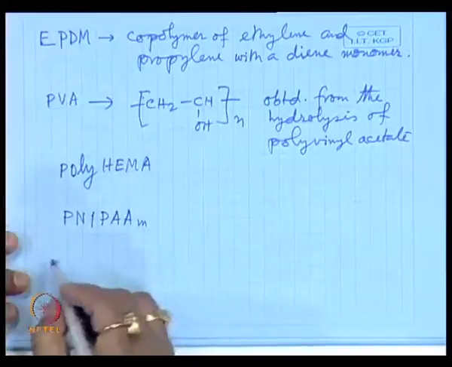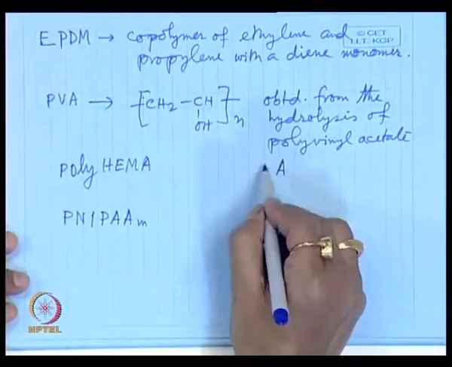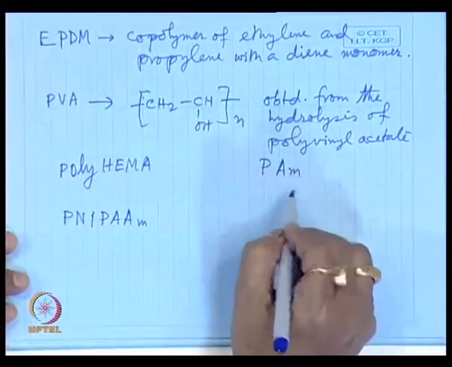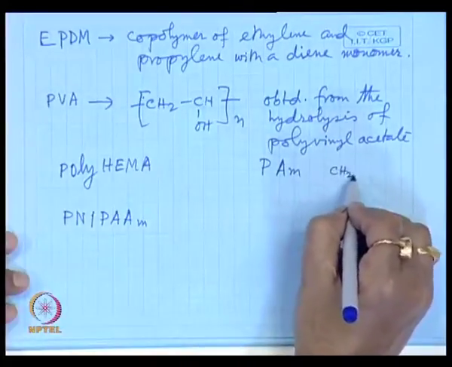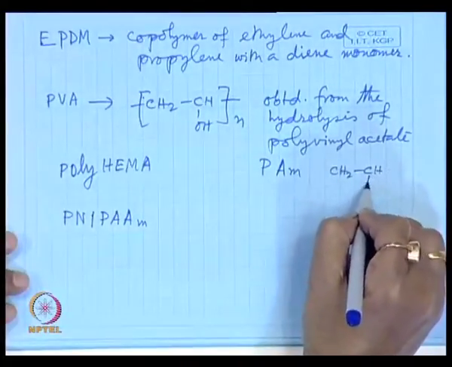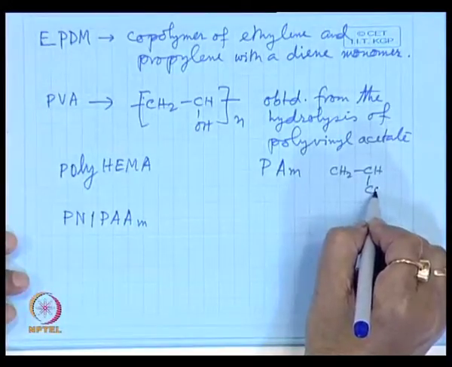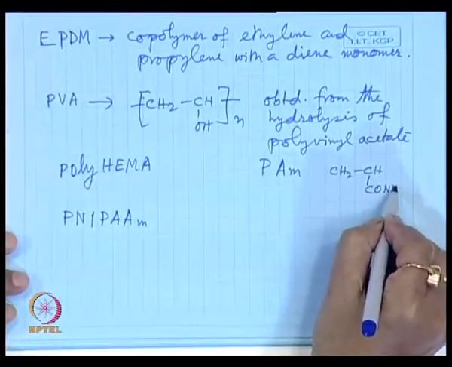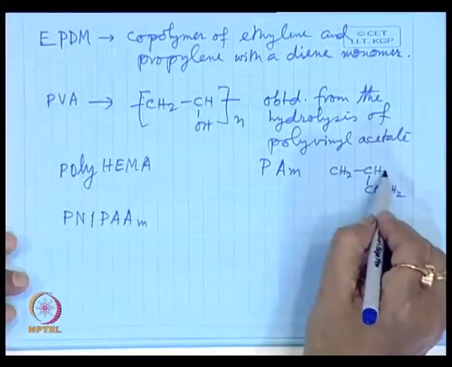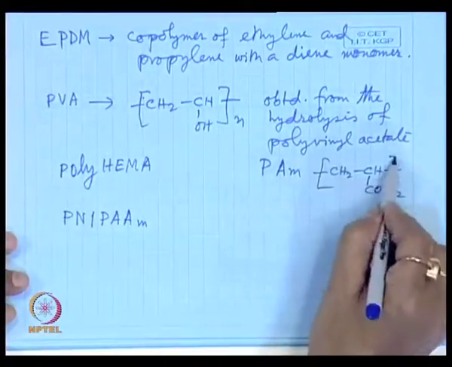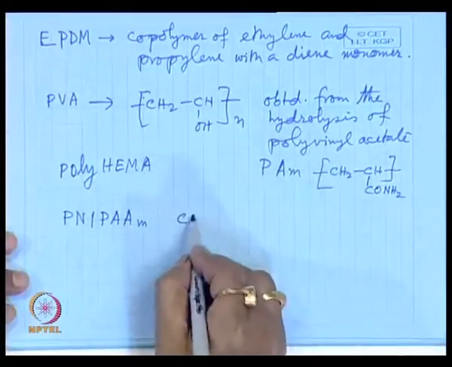Before that, you see what is acrylamide? Polyacrylamide, PAM, acrylic acid, CONH2, polyacrylamide. So, here also you write down this formula.